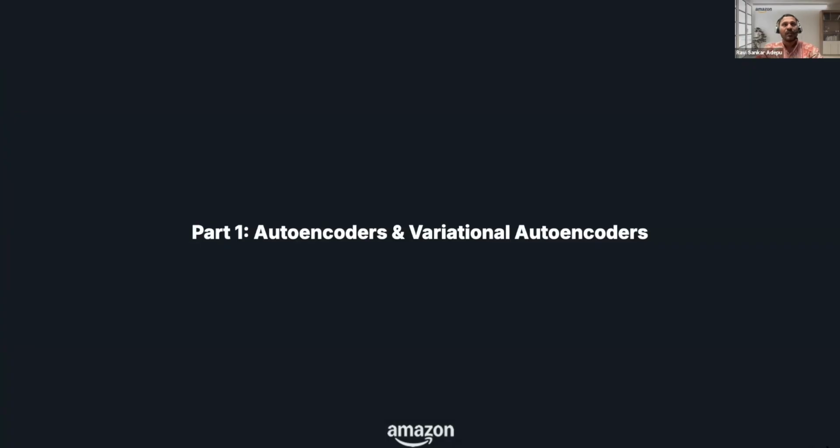In part one, we'll talk about autoencoders and slowly move towards variational autoencoders. This first part builds the foundation for the whole talk. We'll start with a plain autoencoder and see why a bottleneck forces dimensionality reduction, and then look at two classical variants, the denoising autoencoder and the sparse autoencoder.